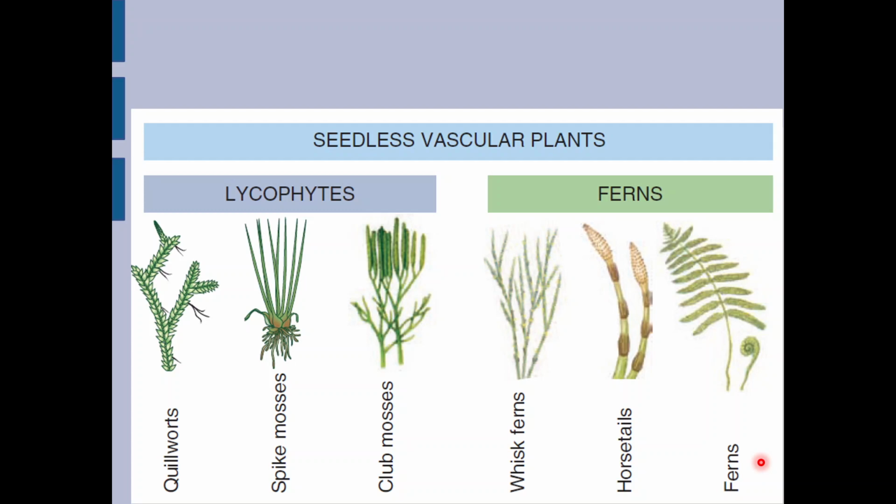Megaphylls evolved from stem branches, and are the most known leaves today. Megaphylls have a vein system consisting of more than one vascular strand, and ferns and seed plants that are gymnosperms and flowering plants have megaphylls.